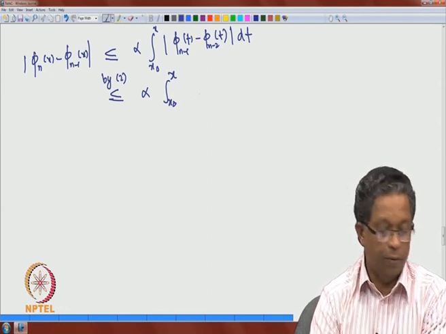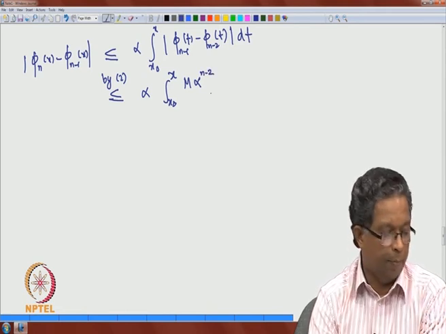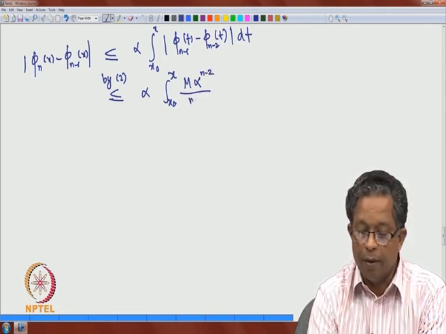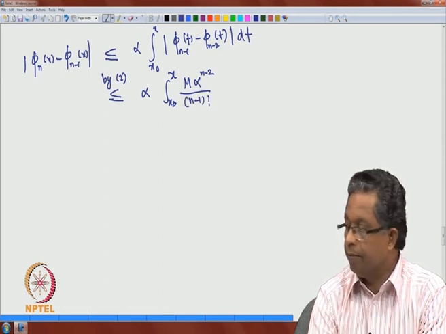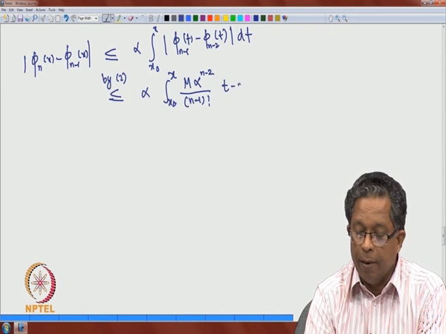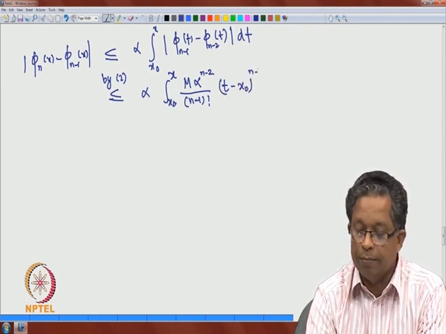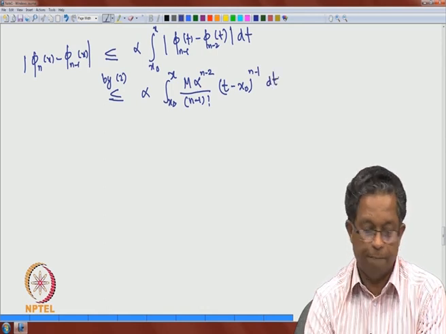So, putting the values, M alpha to the power n minus 2 by n minus 1 factorial and t minus x0 to the power n minus 1 dt.